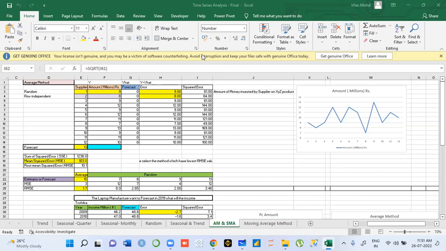Open that file. Okay, shall I start? On screen.